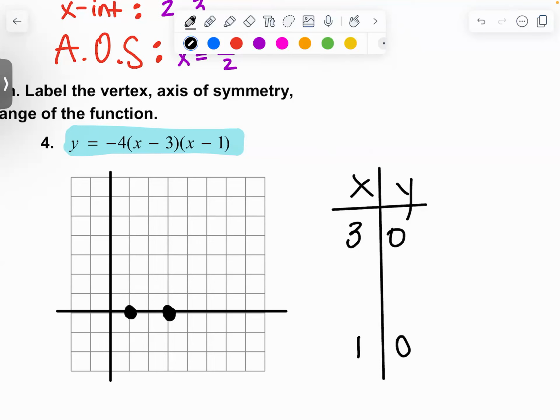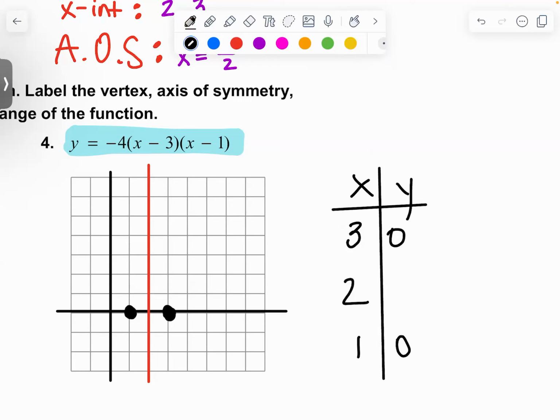He got those by taking X minus 3 equals 0 and X minus 1 equals 0. So X is 3 and X is 1. Now, our axis of symmetry is going to be exactly in between there. Oh, that was so easy, wasn't it? It's at 2.